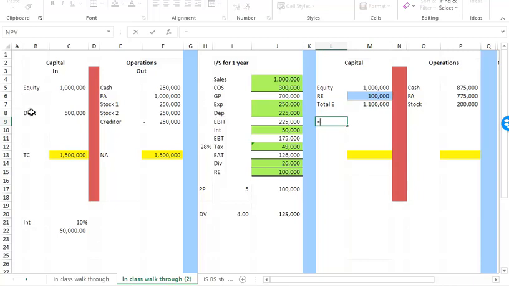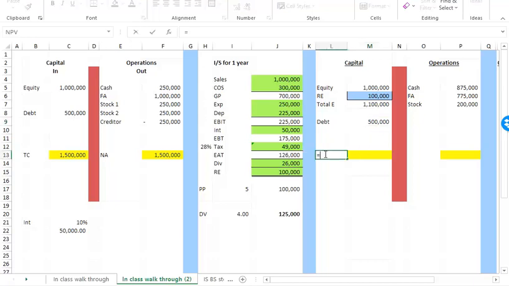And we need to represent the fact that we still have 500,000 Rands worth of debt on the balance sheet. Now we have paid 50,000 Rand in interest payments. That's for the use of that money, use of the debt, but we haven't repaid any capital yet. And we're going to talk about that in a moment.